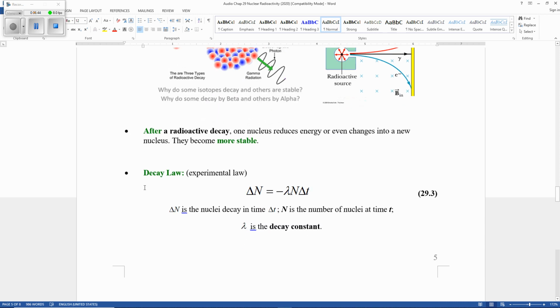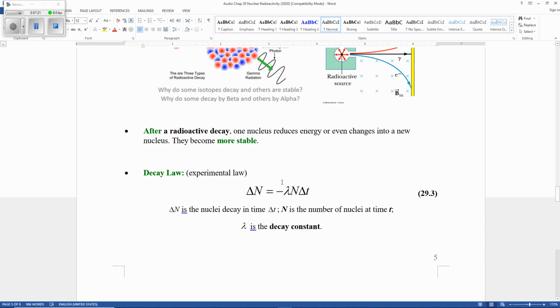So here we have the decay law. It's from experiment. Delta N is the change, the number of particles decayed. Capital N here is the initial number. Delta t is the time interval, and lambda is the decay constant. Different samples have different constants. A bigger number means decay is faster.